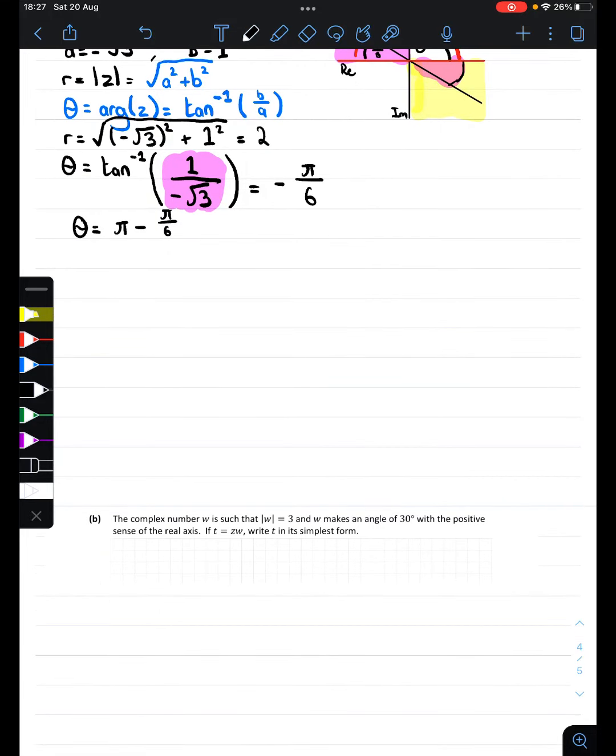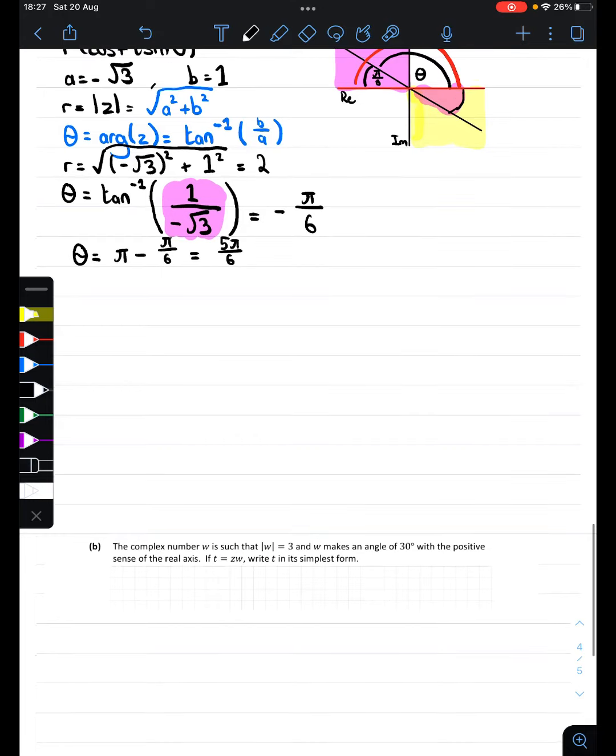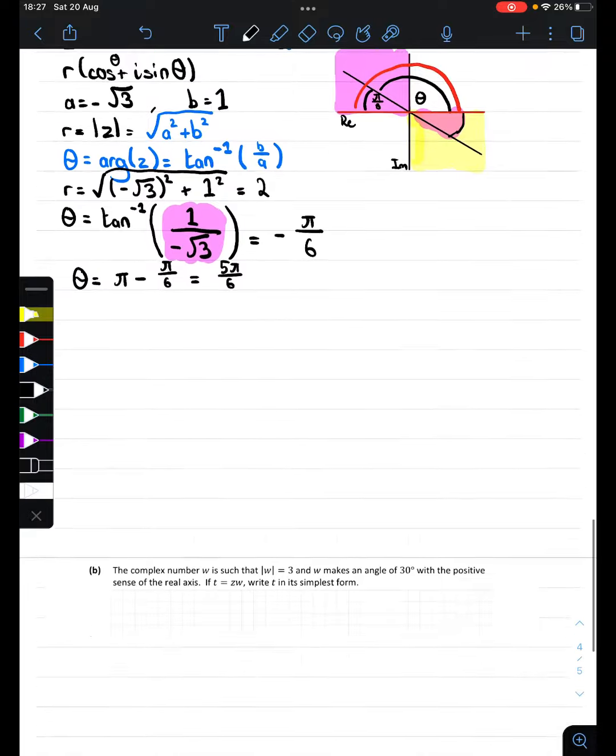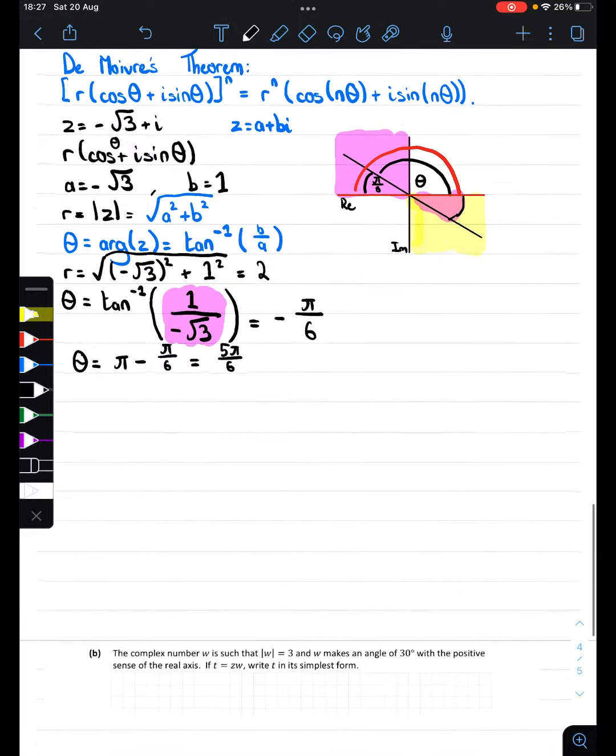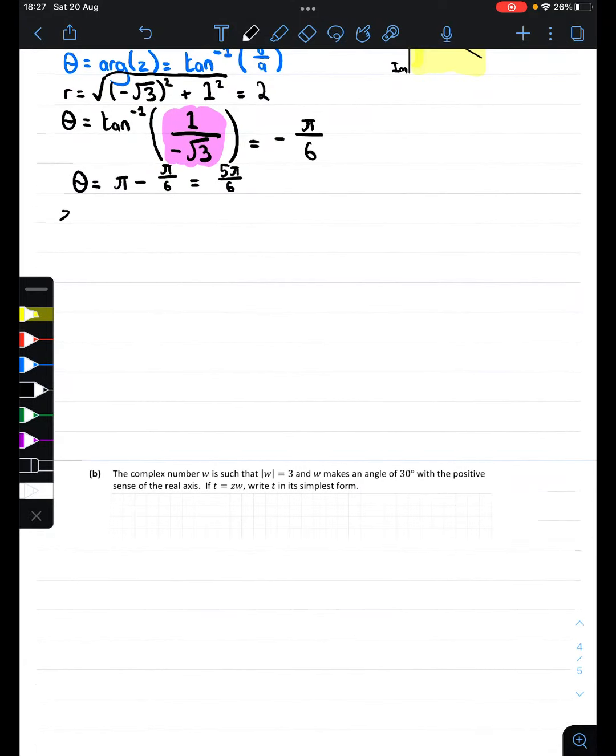So theta is pi minus pi over 6, which is just 5 pi over 6. Okay, so we have our value r and our value theta, so we can write z as 2 times cosine 5 pi over 6 plus i sine 5 pi over 6.